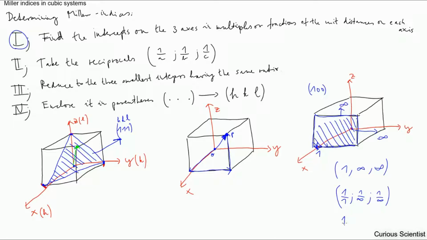So this will be 1, this will be 0, this will be 0. So this is done. HKL, sorry, L. So this is 1, 0, 0. So it's quite simple.